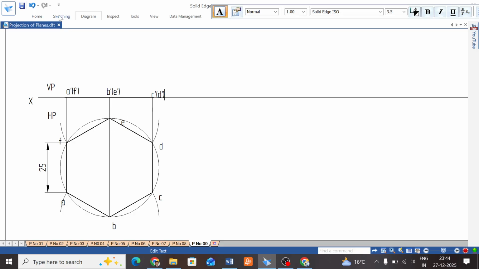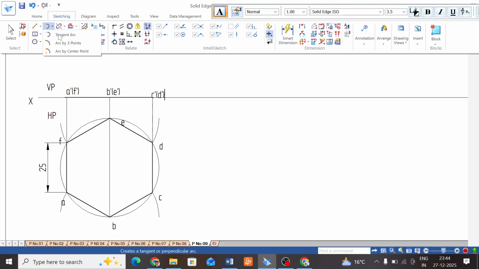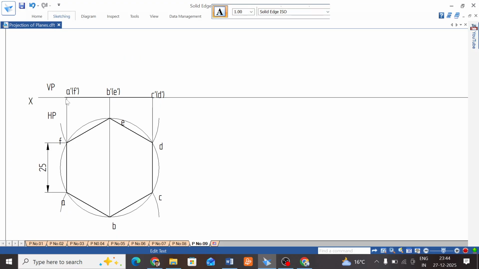Now, using a scale, measure the distance from A dash to C dash.